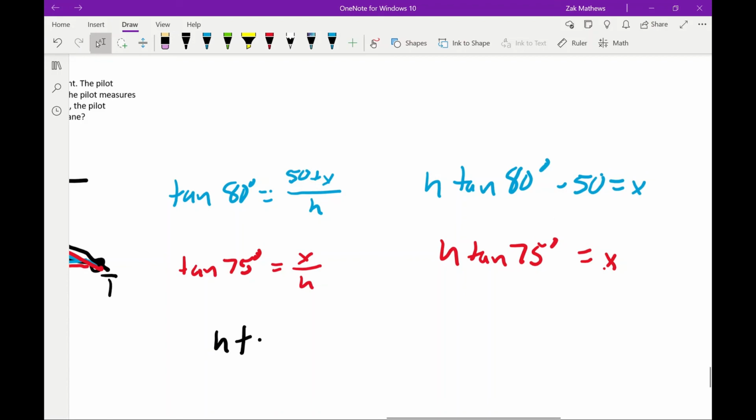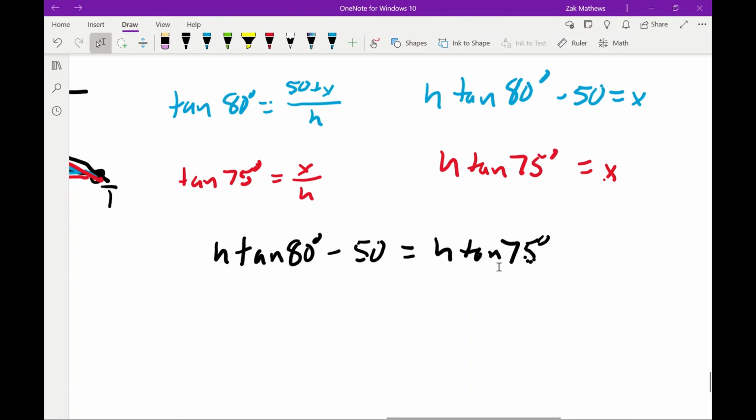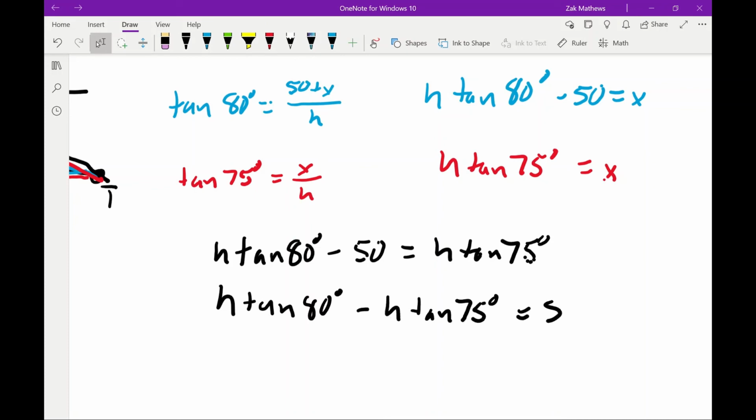So the top equation, h tangent 80 degrees minus 50 is equal to h tangent 75. And now we have one equation with h in it. I'm going to get the h's to the same side, and I can do that by subtracting either of them. It doesn't really matter. And then I need to get the 50 to the other side, so I've just chosen to make the 50 positive.